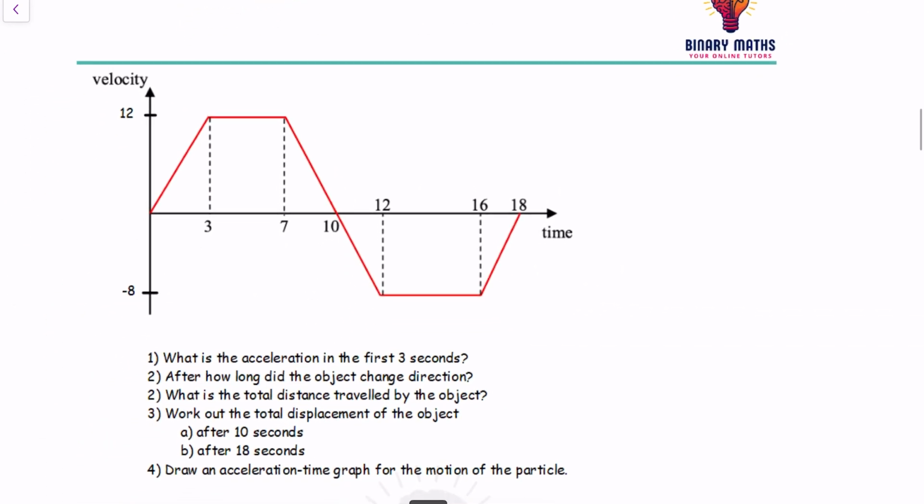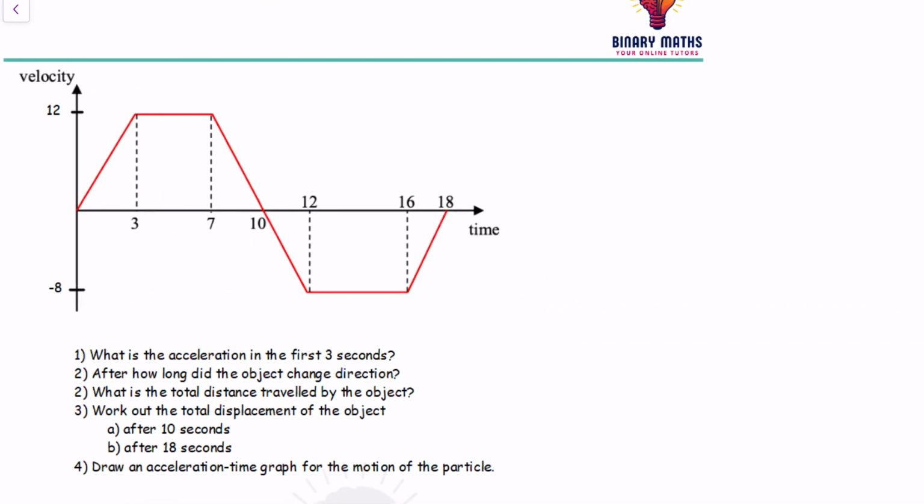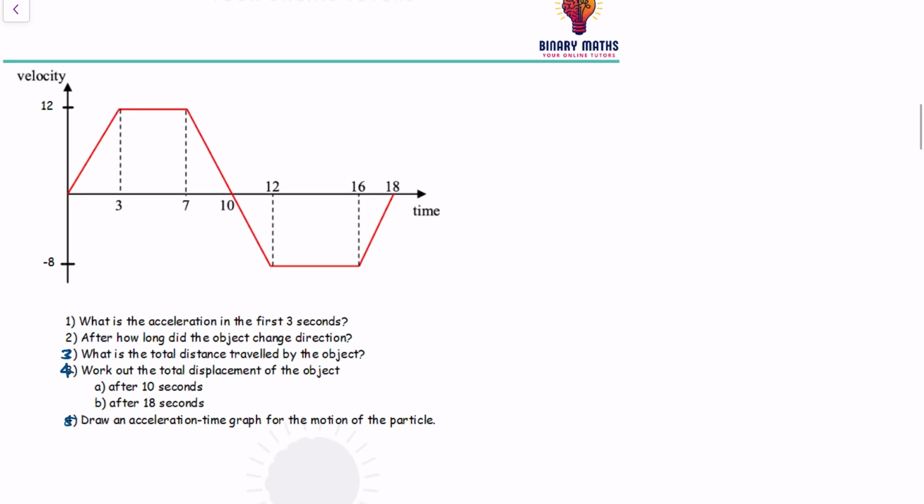Okay, let's go through a question. First question, what is the acceleration in the first 3 seconds? So acceleration is equal to the gradient in this case. So a is equal to v minus u over t.